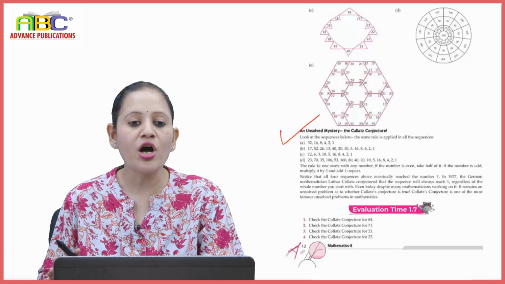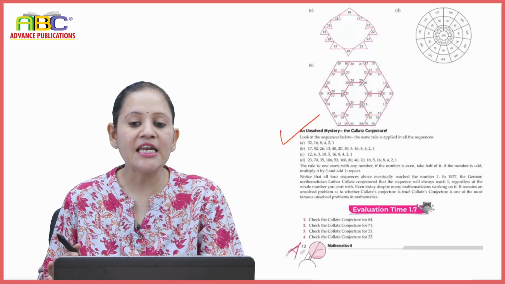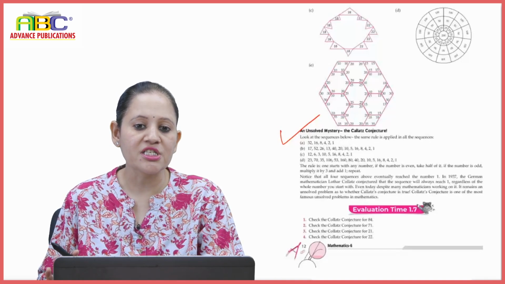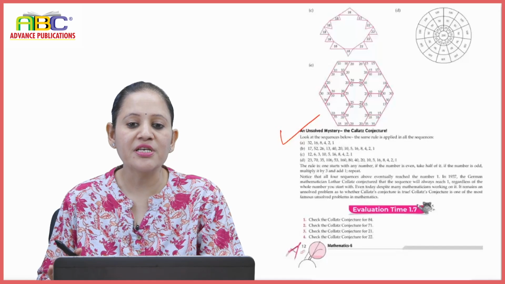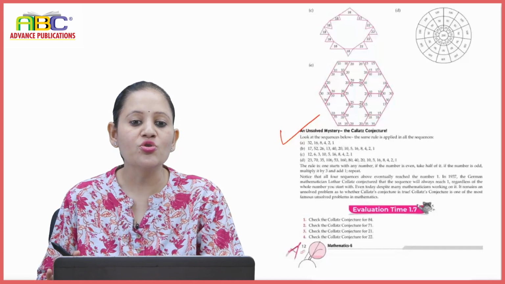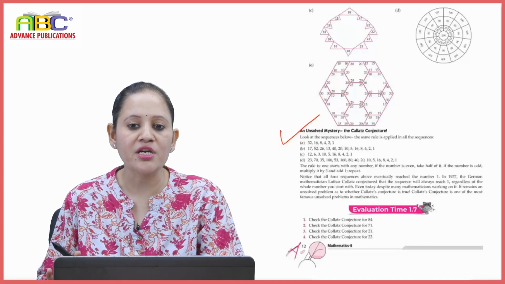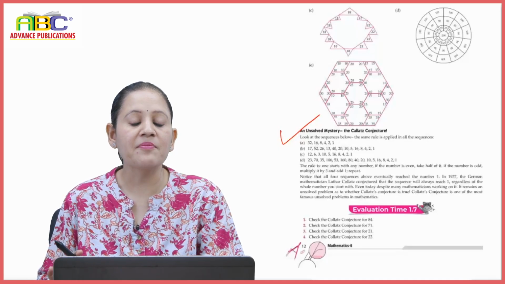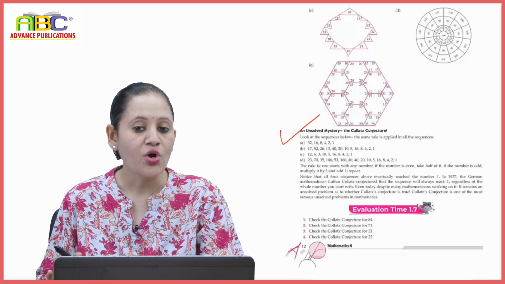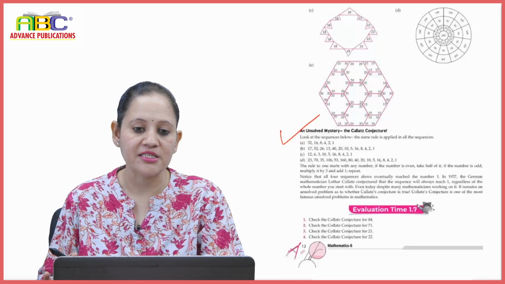Notice that all four sequences above eventually reach the number 1. In 1937, the German mathematician Lothar Collatz conjectured that the sequence will always reach 1, regardless of the whole number you start with. Even today, despite many mathematicians working on it, it remains an unsolved problem whether the Collatz conjecture is true. It is one of the most famous unsolved problems in mathematics.